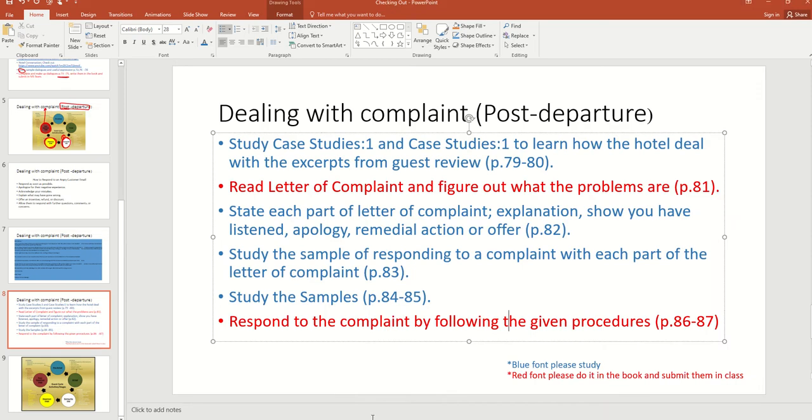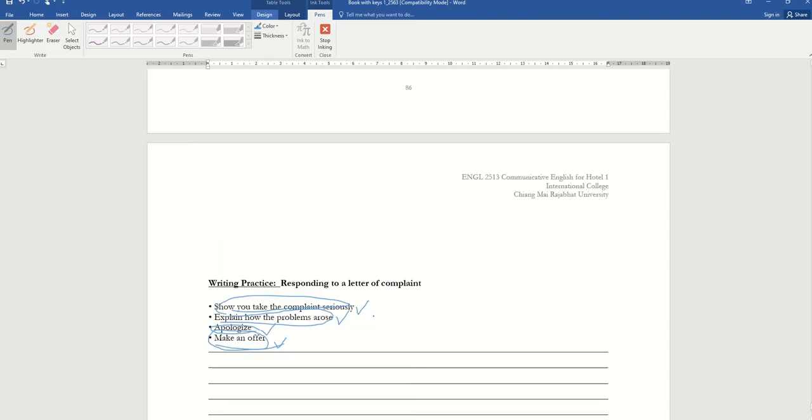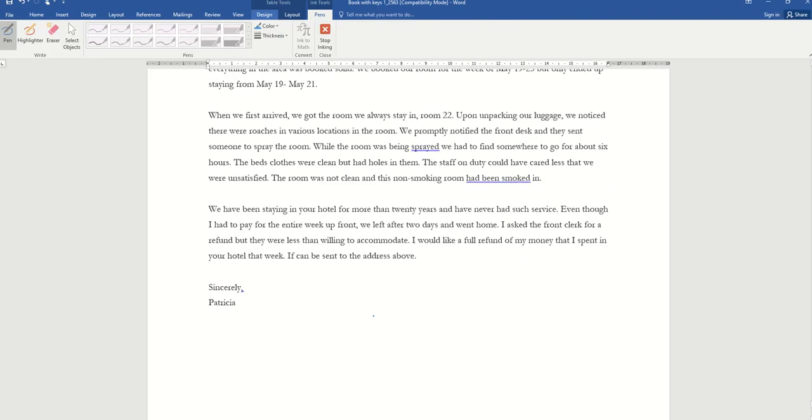So back to the slide. You have to do two things. Number one is page 81 and number two is pages 86 to 87. Page 86 is the complaint made by a guest.